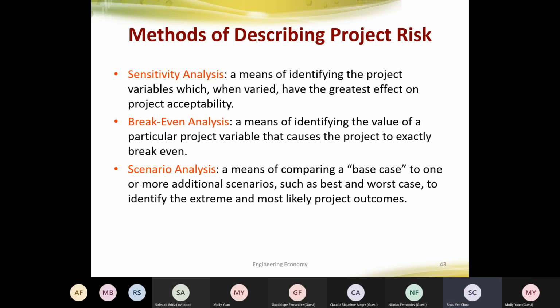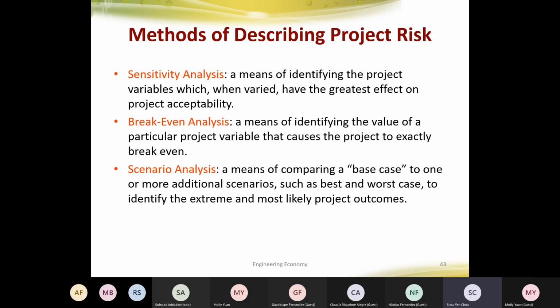For example, if we use net present worth, then we want to know if the true value deviates, for example 15%, from the value that we thought it would be, what kind of consequences it will result in. Sometimes it may even turn a positive net present worth into a negative one.